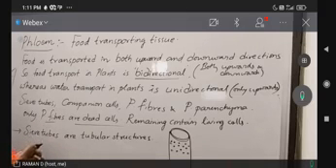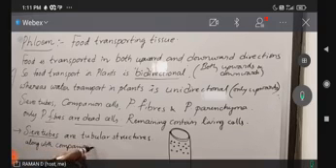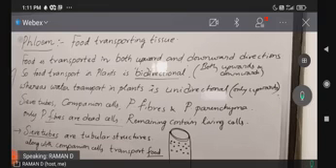Sieve tubes along with companion cells conduct or transport food. For the food transport by these sieve tubes, water is needed.